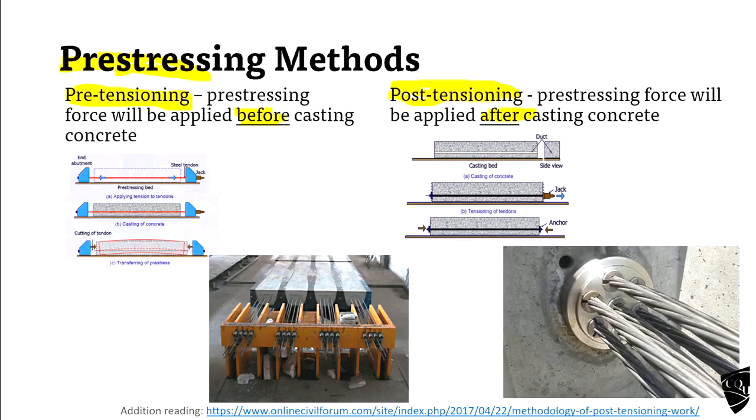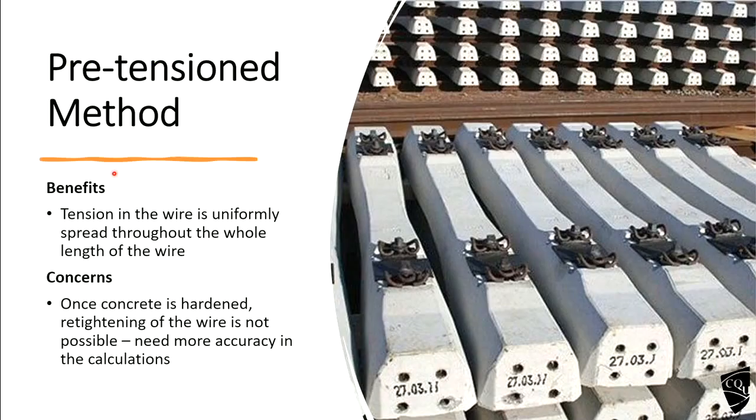As you know, in the pre-tension you stretch the steel before you put the concrete. So from here to there the steel will have the same tensile force because there is no concrete or anything. You stretch that one, so you'll have the same tensile stress in the steel wire, so it's a uniform distribution of the force.